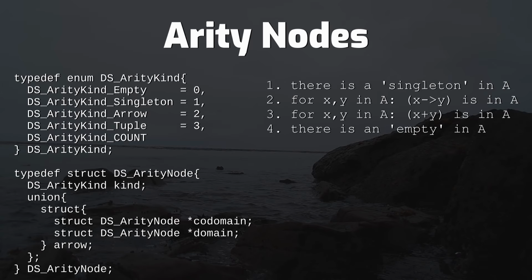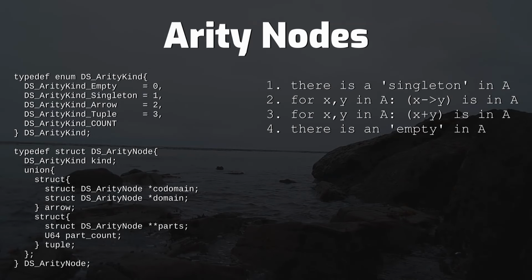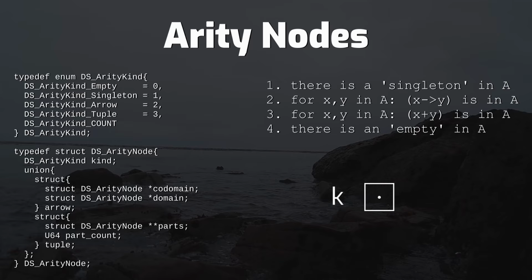Nodes with this kind will need a collection of Arity nodes, which I could represent as an array of Arity node pointers. These collections could contain any number of duplicates, though, so for instance, the k-value tuple would have k copies of the singleton Arity node. This is a pretty space-inefficient way to encode the k-tuple, which might be something I want to encode fairly frequently, so I want to represent duplicates with a coefficient instead of with literal duplicate pointers.